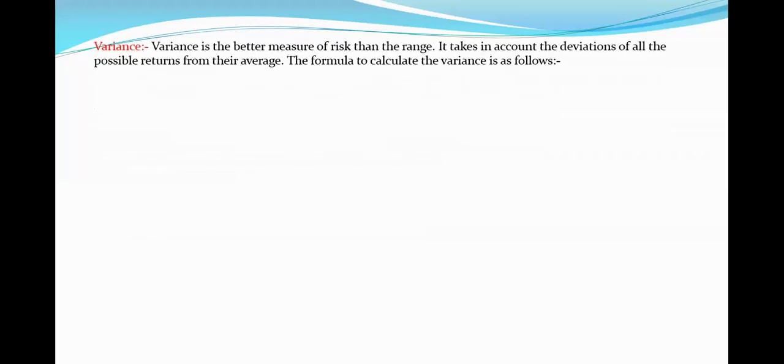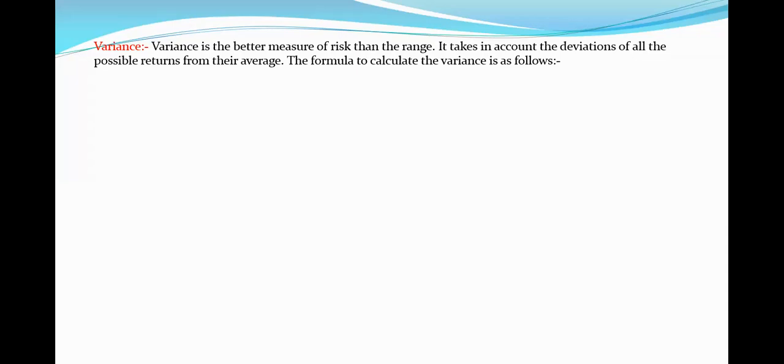Now, what is the second tool through which we can identify the risk of the portfolio? Second tool is variance. Variance is better than the range because it takes into account the deviation from the average possible returns.